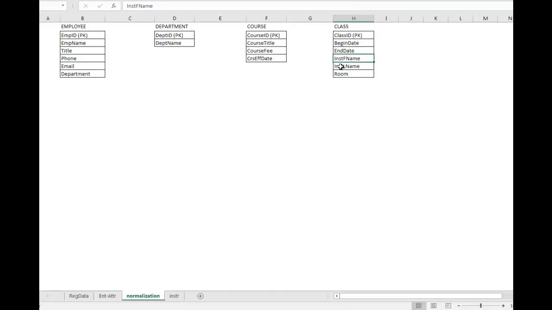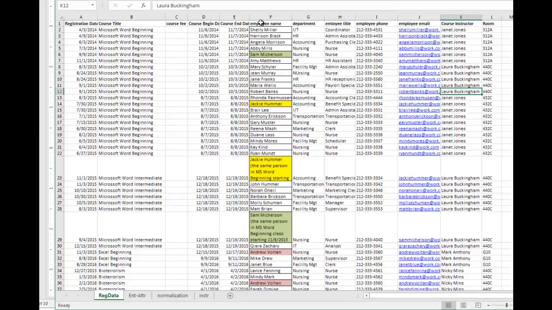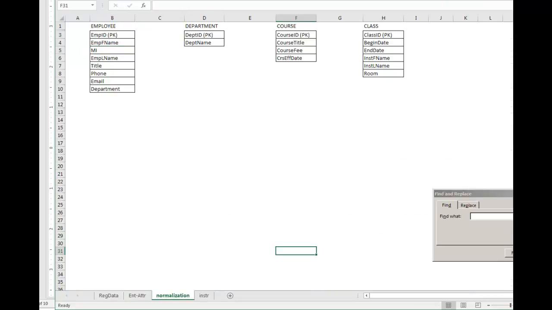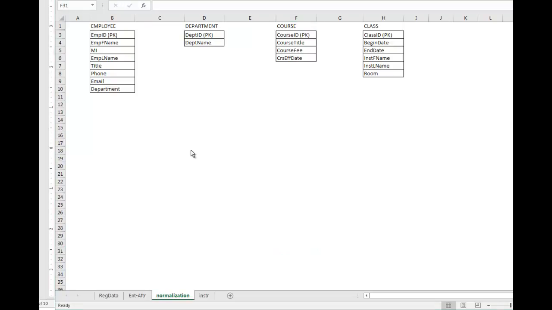Remember, these attributes are going to be columns when they are implemented in the database. If you look at employee name, we also have a similar issue: the first name and last name are entered in the same column. So we take care of first normal form. As of right now, we can say that our database is in first normal form.